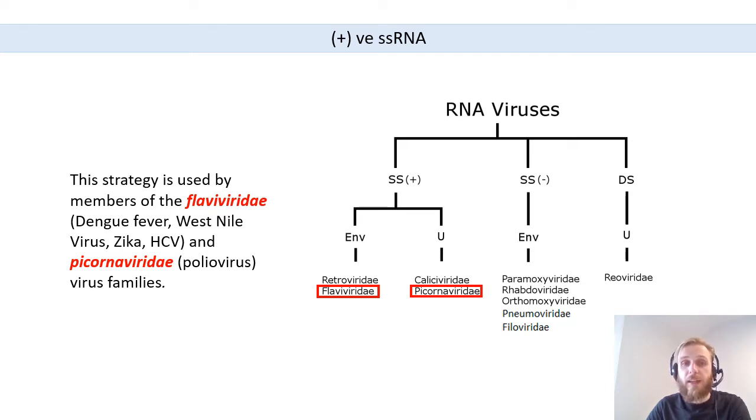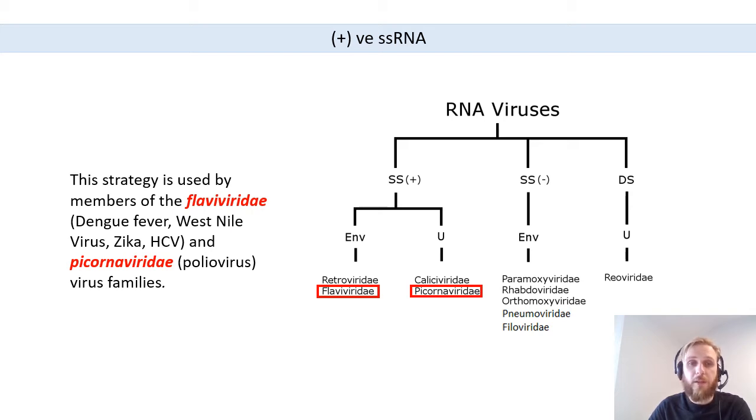As you'll see, these are all positive sense single-stranded RNA viruses, so they're class 4 in the Baltimore classification system. What we can see on the slide is the phenotypic classification system, and you can see they all fall under the single-stranded positive sense arm of the RNA virus map.